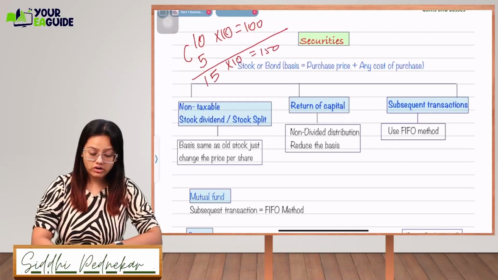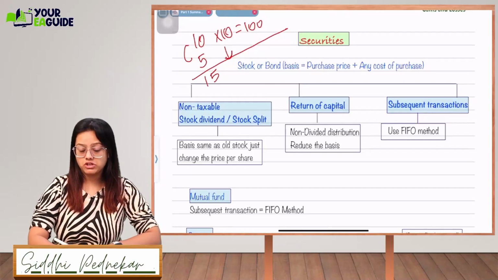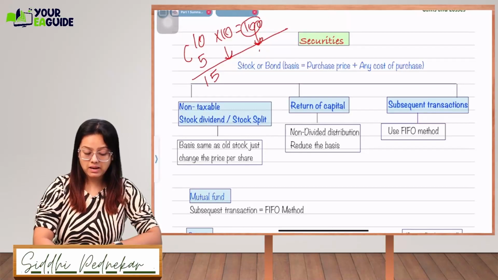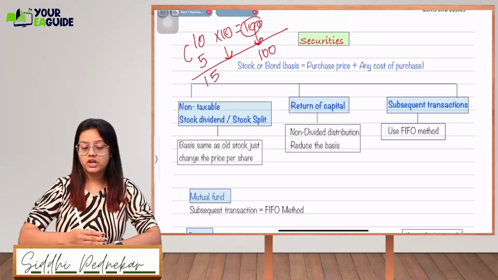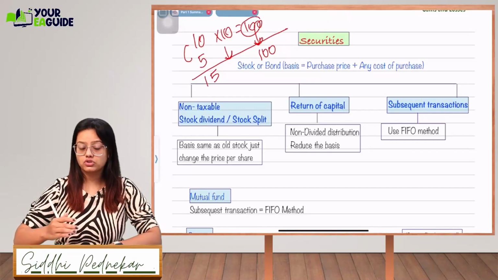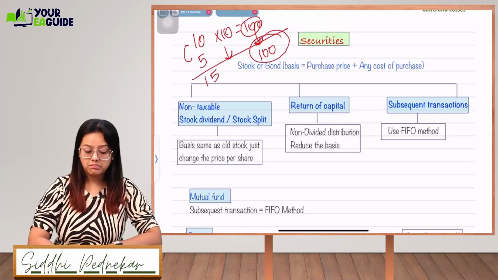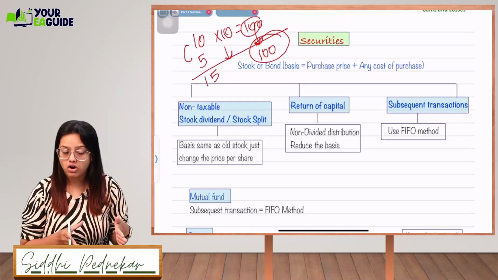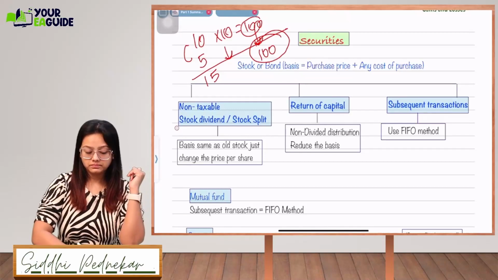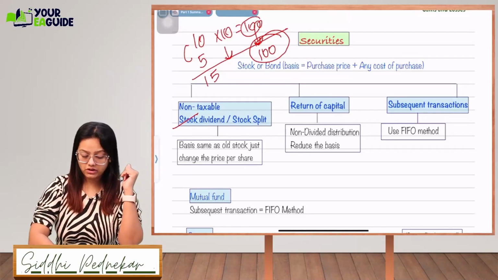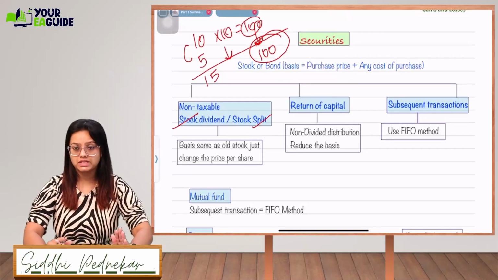No. This we have already seen: the per share price will change, and the total will remain the same at $100. You are not going to change the main basis of that particular security. In case of stock dividend and also stock split, both will be the same case.